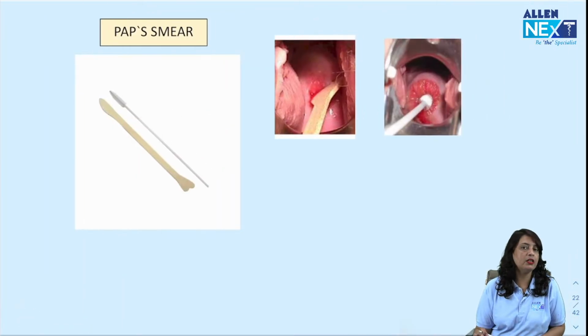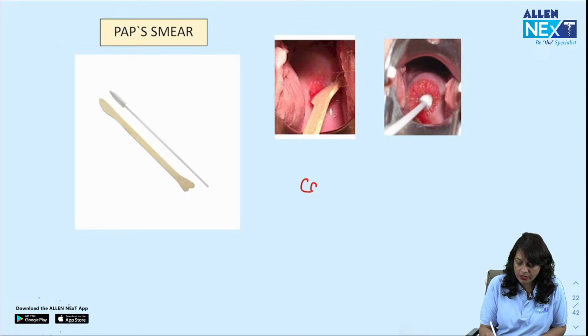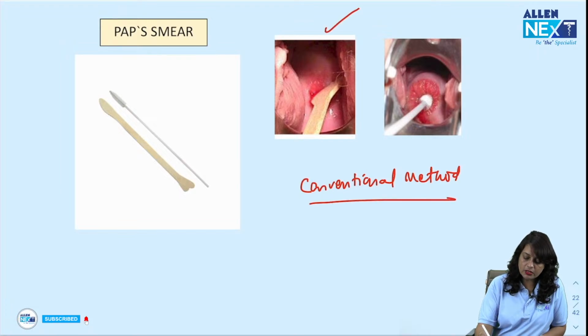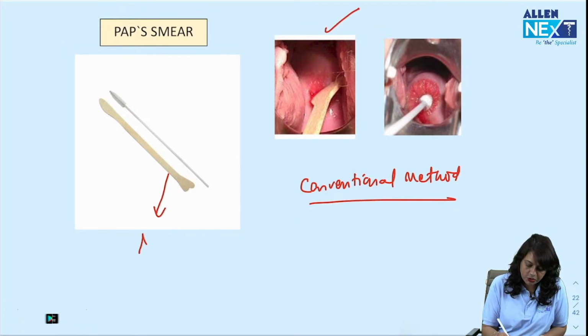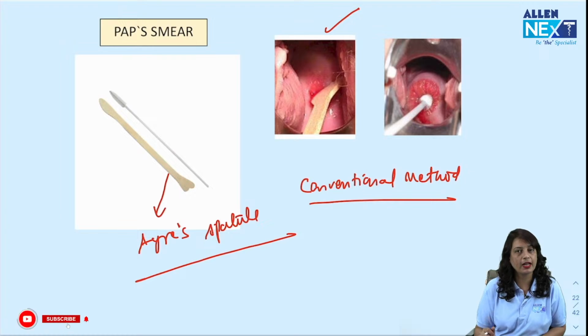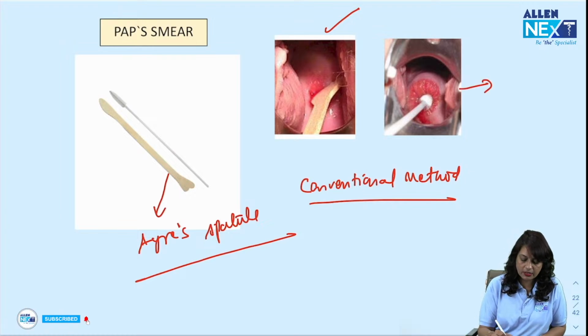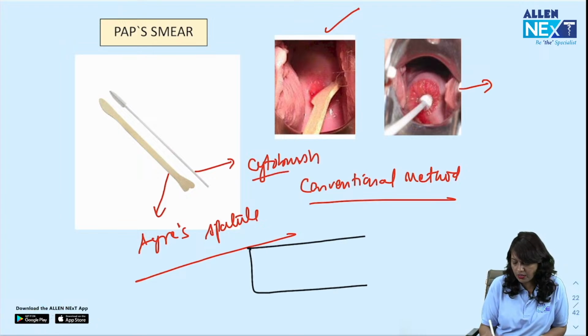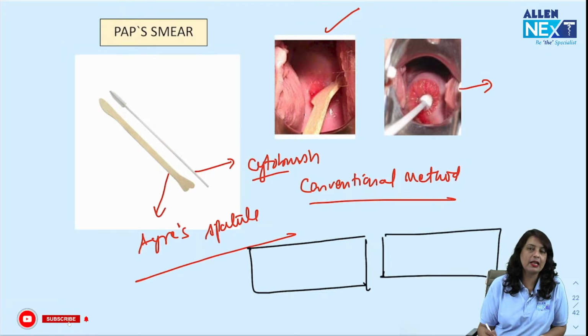So Pap smear can be done by two methods. One is the conventional method, where we take two smears. One is with the Ayre's spatula, wooden spatula, which we take from the ectocervix, and another one is with a cytobrush, and we make these smears on the slides and fix them with a cytospray.